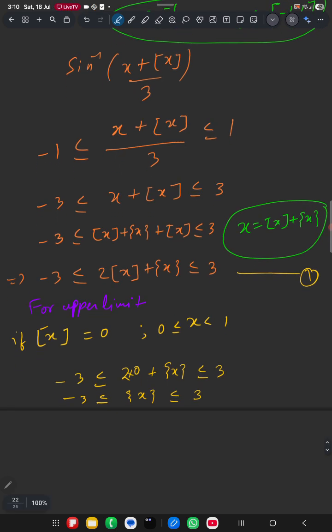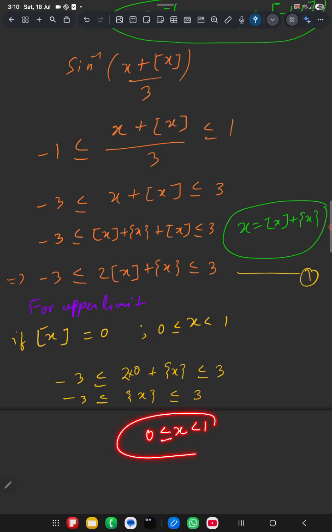Now from this you can conclude that this inequality includes at least all those values which lie between 0 and 1. Yes or no? This interval, -3 to 3, contains all those values which are between 0 and 1.